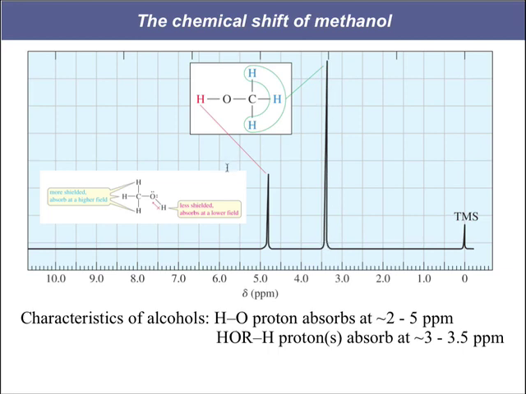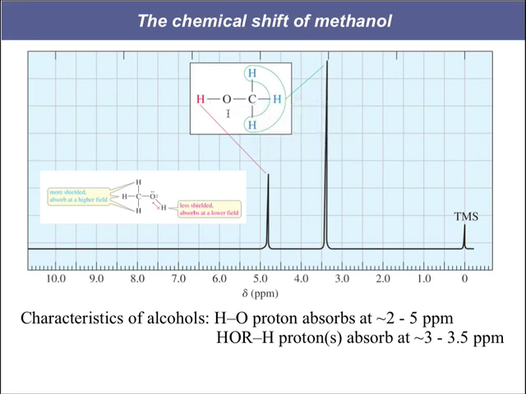We also know that alcohol hydrogens can show up anywhere between 2 and 5 ppm relative to TMS. That is a fairly large range, and that's because these hydrogens can participate in hydrogen bonding, and the amount of hydrogen bonding they participate in is determined by the concentration of the solution.